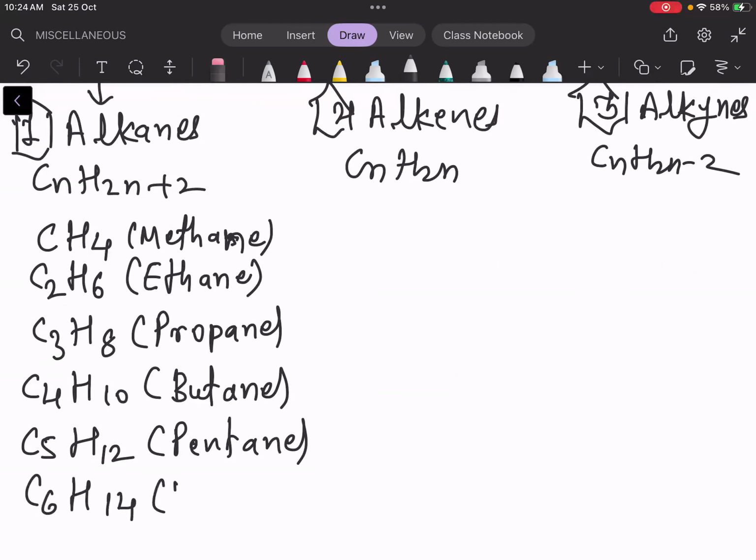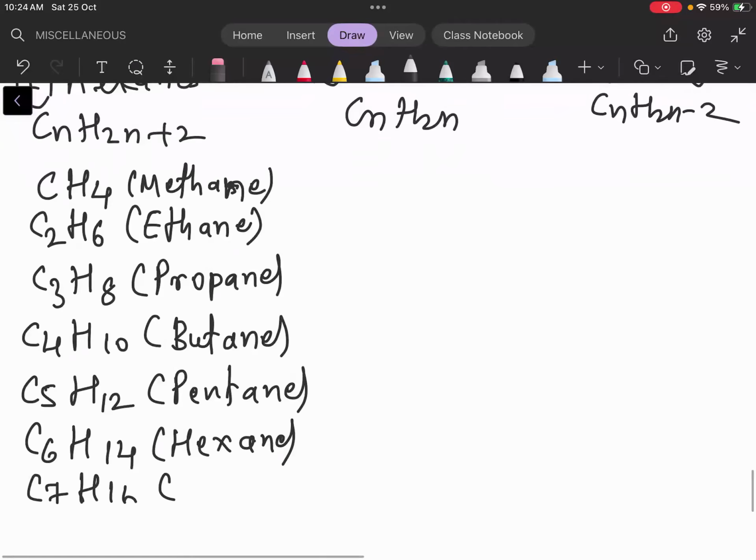If you substitute n is equal to 6, C6H14, that is hexane. If we substitute n is equal to 7, C7H16, nothing but heptane.